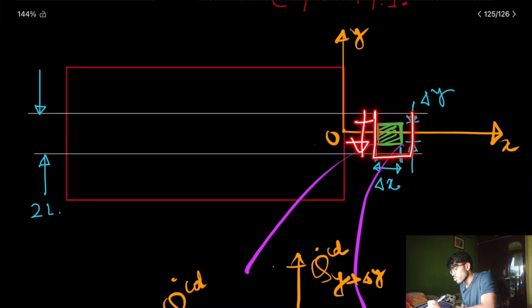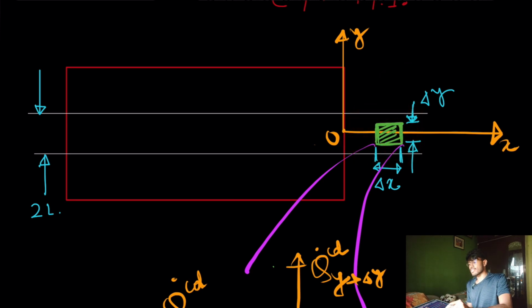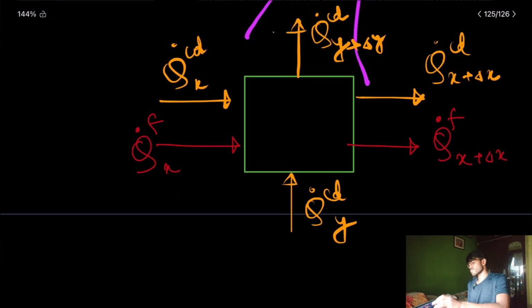Now these faces of the control volume are directly subjected to convection, so there you could say there will be convection heat transfer and no conduction heat transfer in the y direction. But now, here these are the energy interactions.